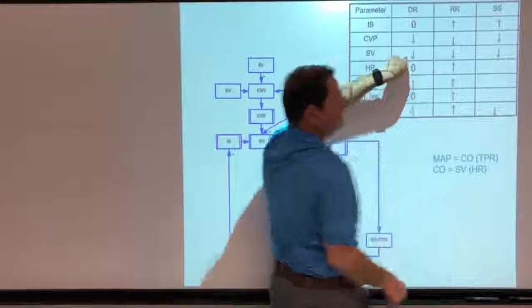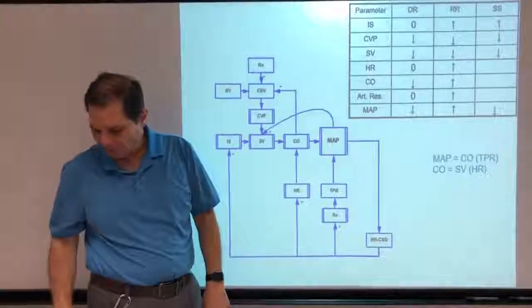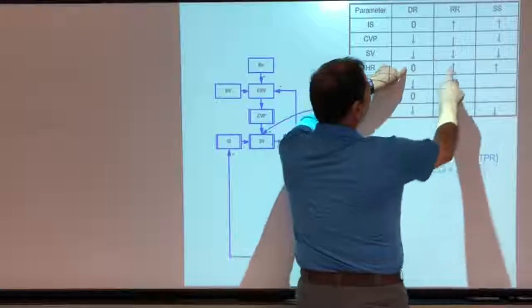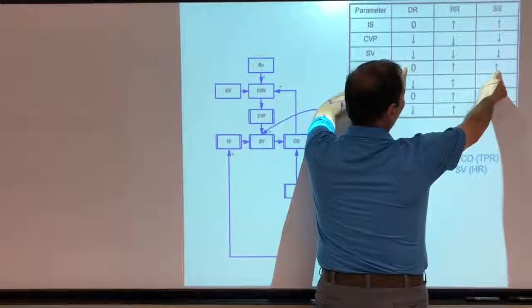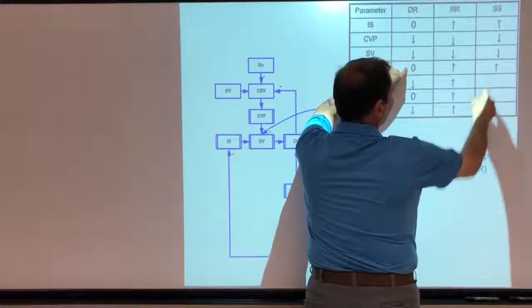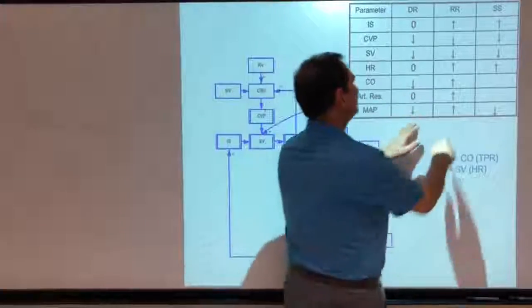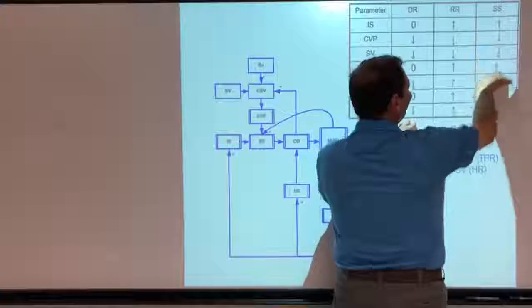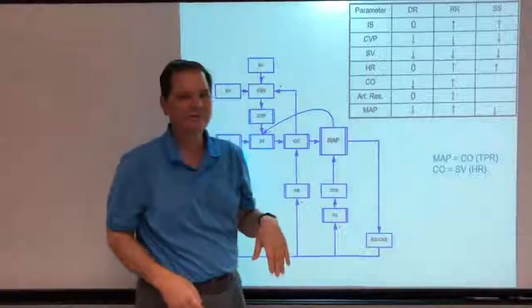It will be down in the steady state. The heart rate did not change in the direct response. The direction of change was up in the reflex response, so our heart rate is up compared to where we started. Note that these two are direction of change, and then you try to figure out what level you're going to end up at when you add these together and look at what's going to happen on balance.